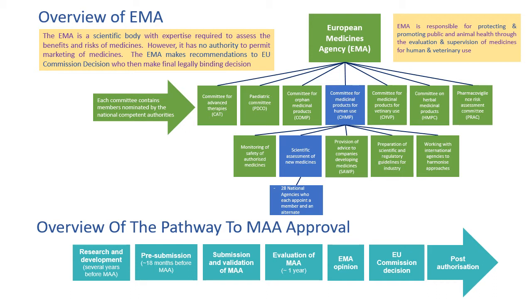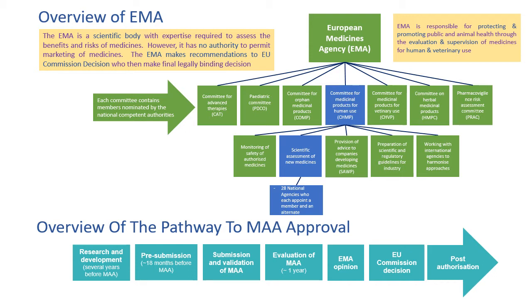The most important committee when we're talking about human use is the Committee for Medicinal Products for Human Use, which is CHMP, and it has five different functions. First is to monitor the safety of authorized medicines, which comes after your marketing authorization is given.